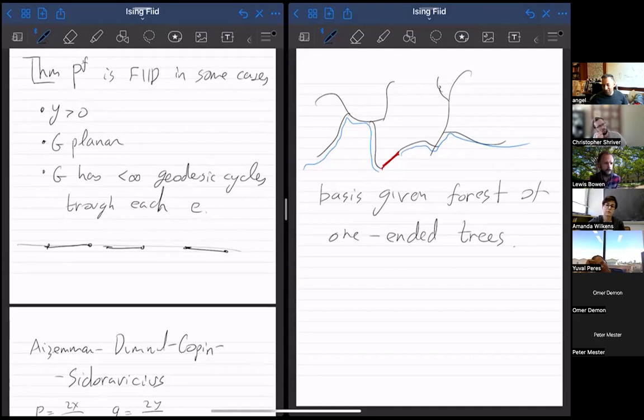I guess what I was wondering is, could you define the factor map on the entire space of rooted networks?